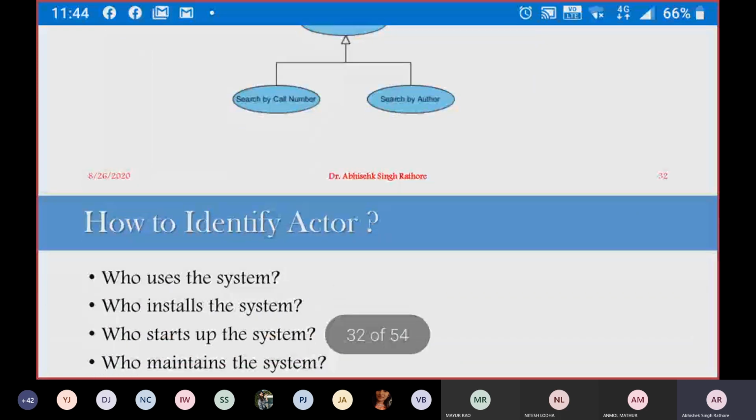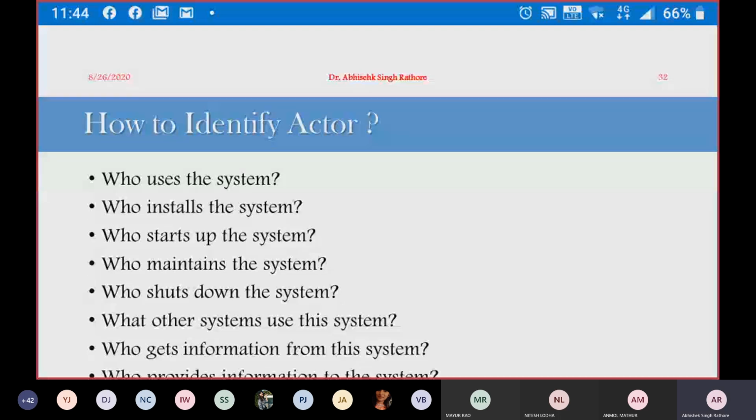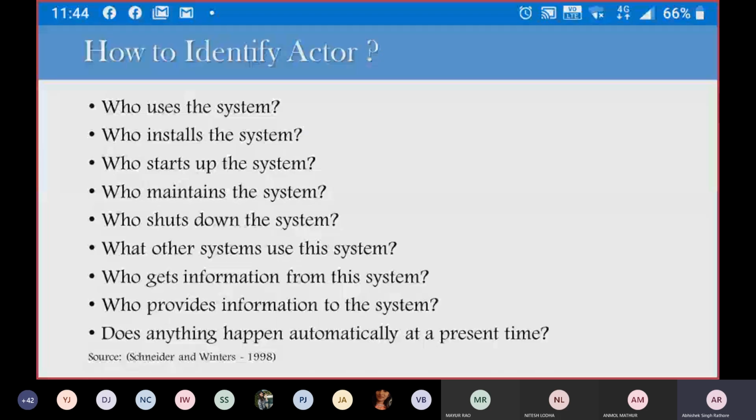Now the next question is how to identify actors. To identify your actors, you have to identify who the users of the system are. While going through the requirement documents, first identify what the system is.